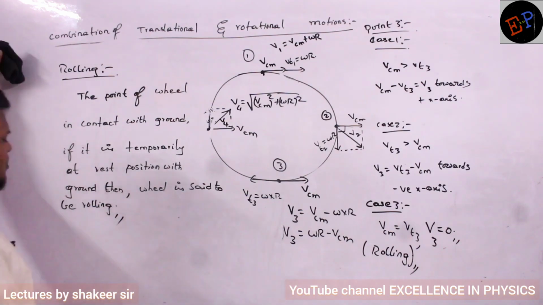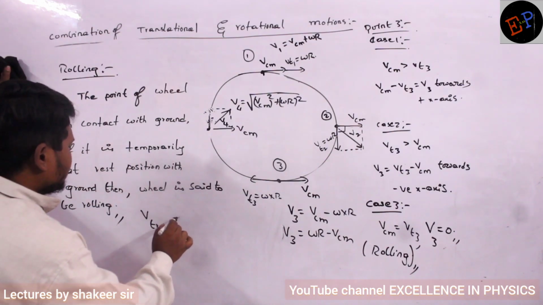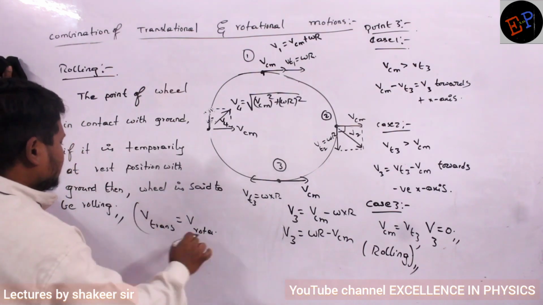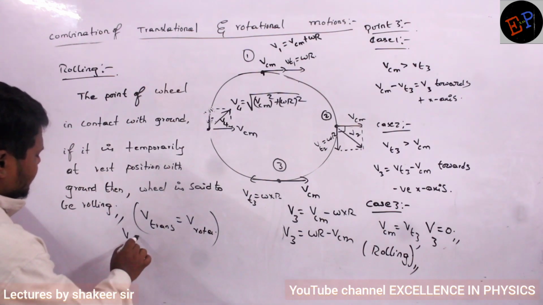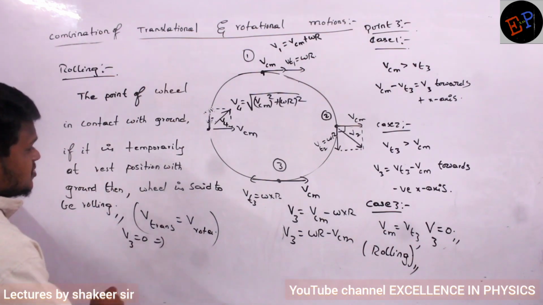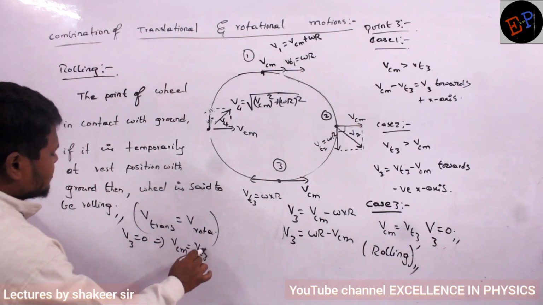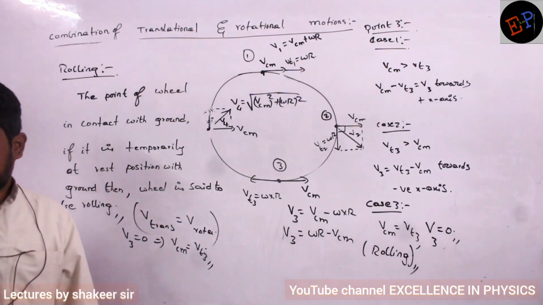Clear? So what I write here: velocity of translation is equal to velocity of rotation. Then the condition is called a rolling condition. Okay, ma? Or you can say velocity of point number 3 is 0. Or also you can say velocity of center of mass is equal to tangential velocity of point number 3. So this condition is exactly what is called rolling condition.